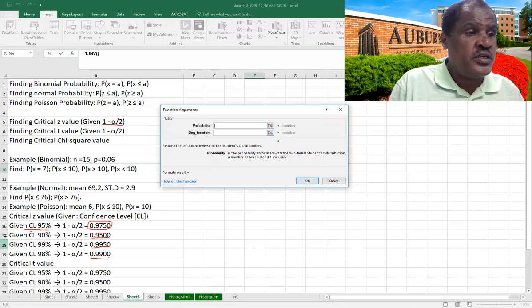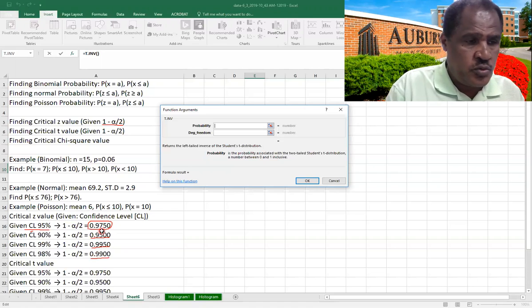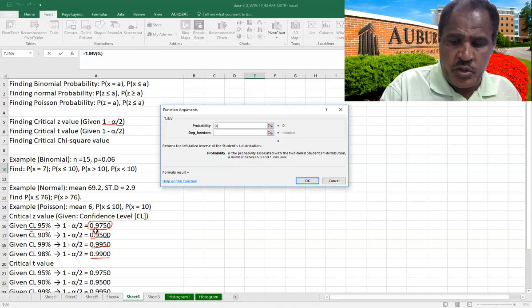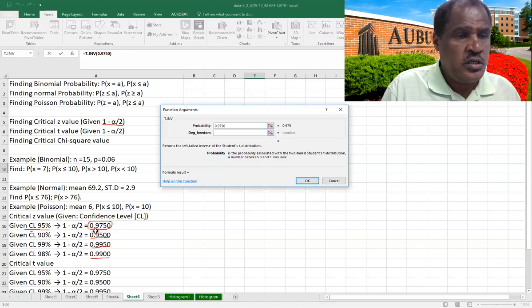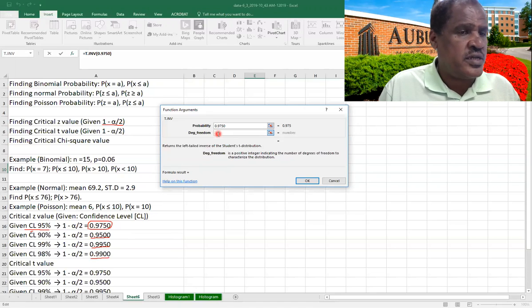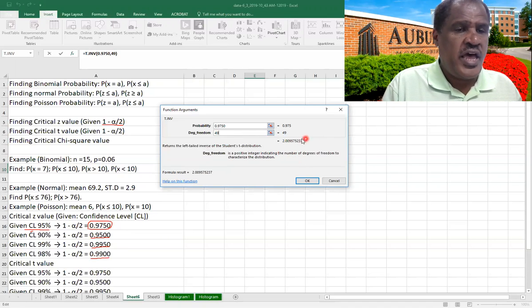For example, if the confidence level is 95, and I want to find the critical T value, all I have to do is put this 1 minus alpha over 2, which is 0.9750, in here, and find the degree of freedom, which is the sample size minus 1. Let's say it is 49, okay? So that is the critical T value, okay?